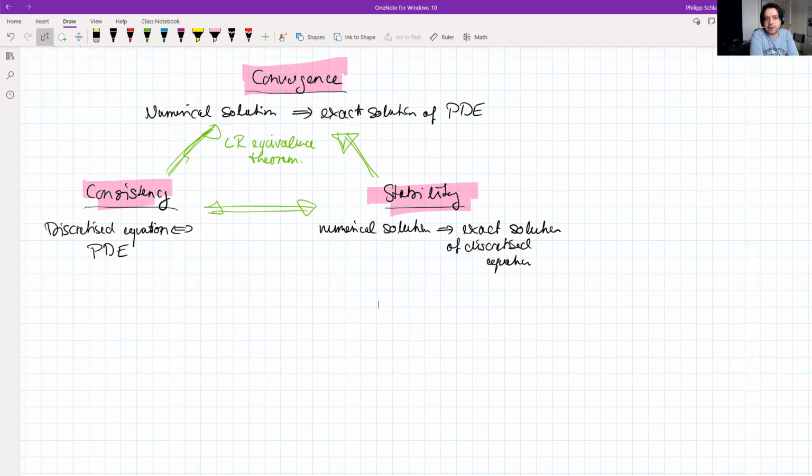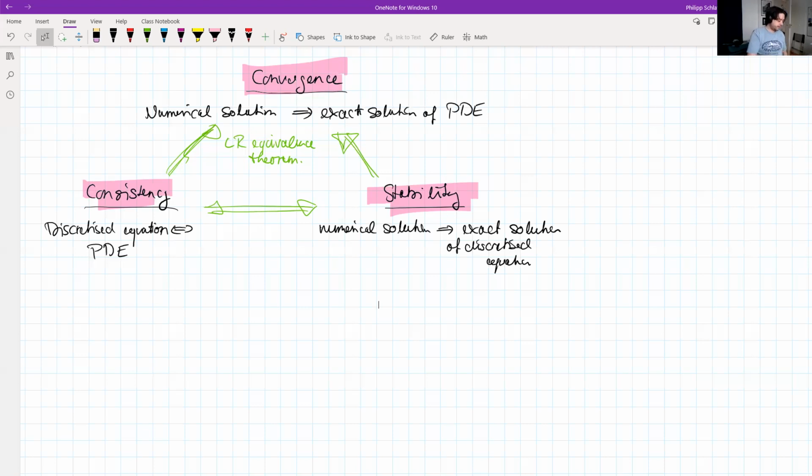But in the absence of exact convergence proofs for Navier-Stokes, this is as good as we can get. Note also that the Lax-Richtmyer equivalence theorem implies that you need to have a well-posed problem, which in fact is, even for Navier-Stokes, an unsolved issue, because there is essentially no existence and uniqueness proof for the solution. In any case, the way that we go is to show consistency and stability.